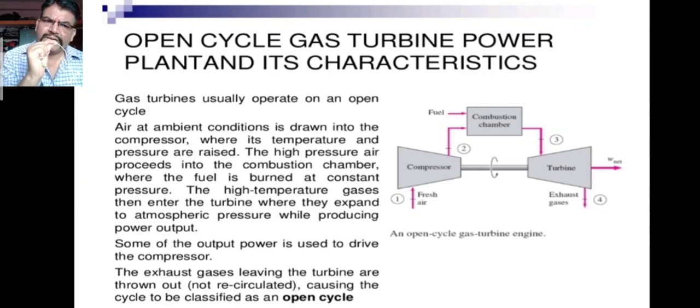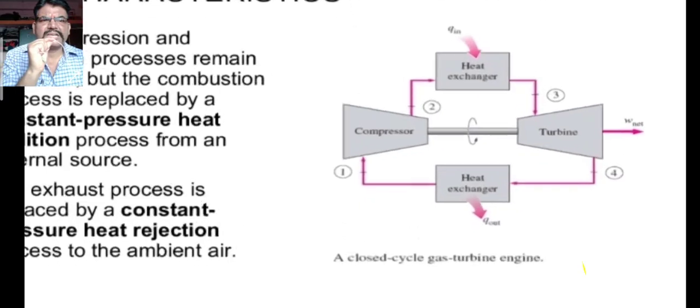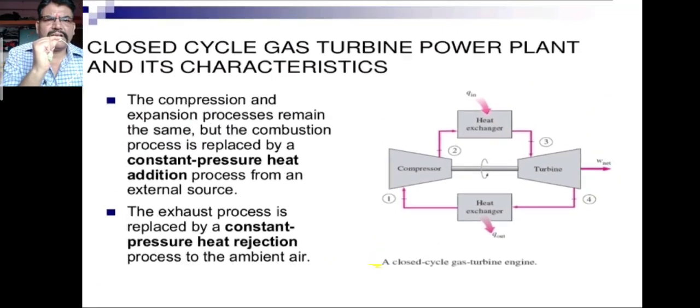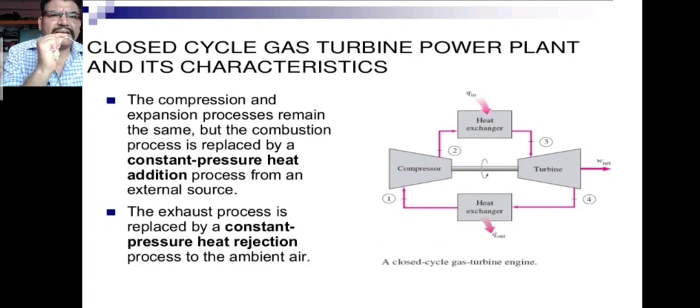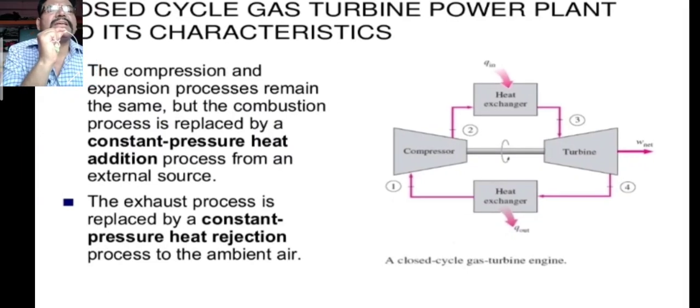Now you can see the closed cycle gas turbine power plant. In this power plant, the compressor and turbine are connected, with the combustion chamber connected in between, and the important part is the heat exchanger, sometimes called a cooler.